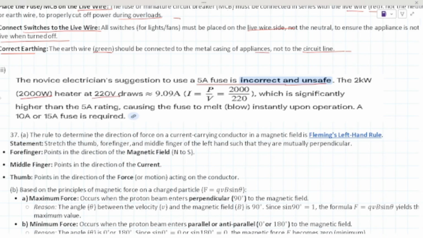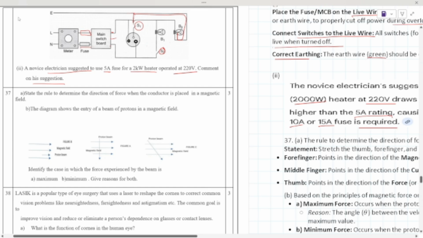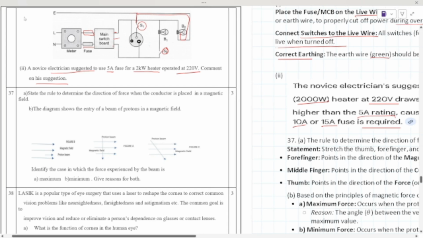Here at 220 volt, the current will be higher than 5 ampere, causing the fuse to blow, so the required current is higher, right, as here for the application. After that, see the 37th number.